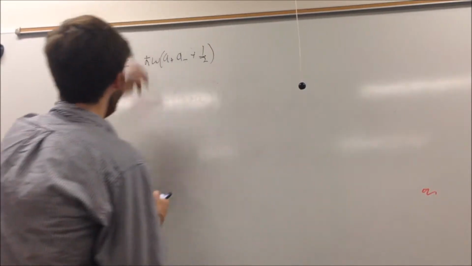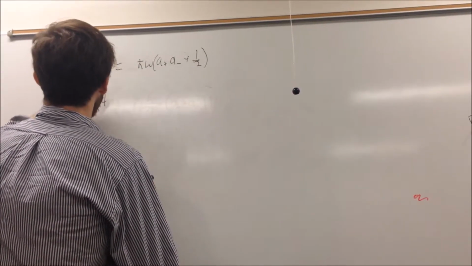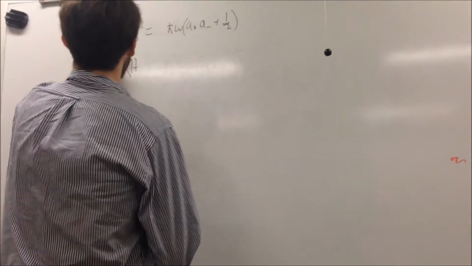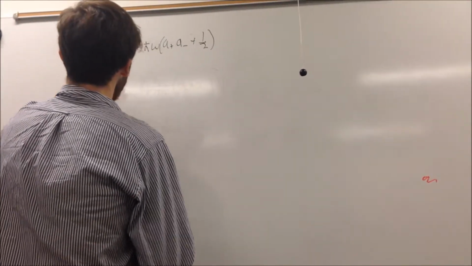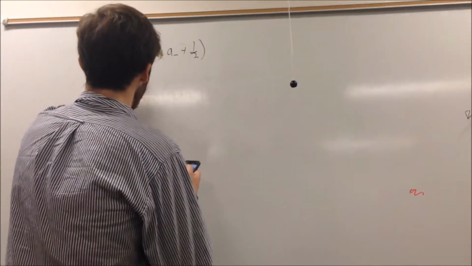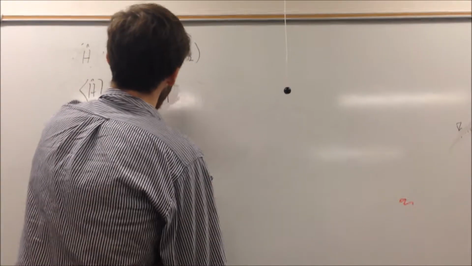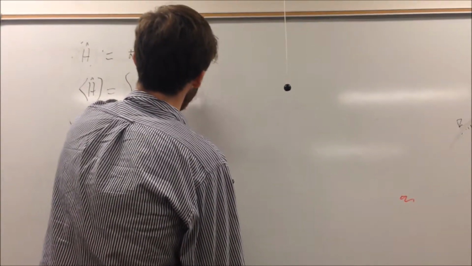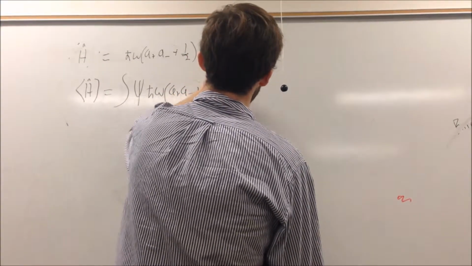That's just the Hamiltonian operator actually. But what we're looking at is the expectation value equals the integral from negative infinity to infinity psi star times h bar w times a plus a minus plus 1/2 psi dx.